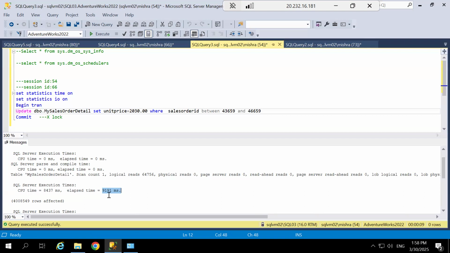But if elapsed time is 2 times, 3 times, 4 times, 5 times, 10 times greater than your CPU time, definitely your transaction or your query thread is waiting for the resource to be free, right, and that's why you see the status of the session that usually represents your thread status, right?